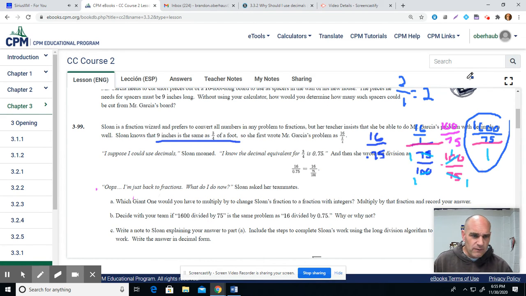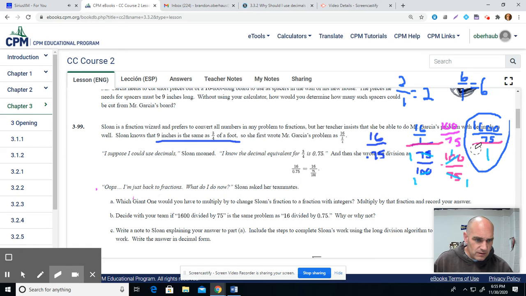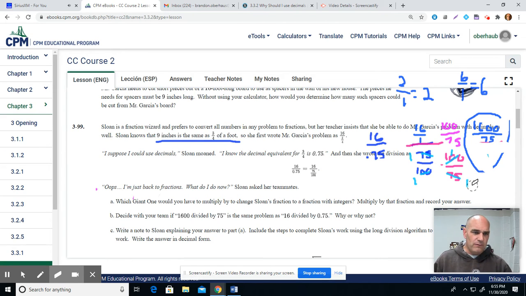If I have 6 over 1, that just equals 6. So anytime I have something over 1, this is what it simplifies down to. So really, this becomes 1600 over 75. Now, notice how we got rid of that fraction that we had earlier. So that's kind of what part A is talking about.